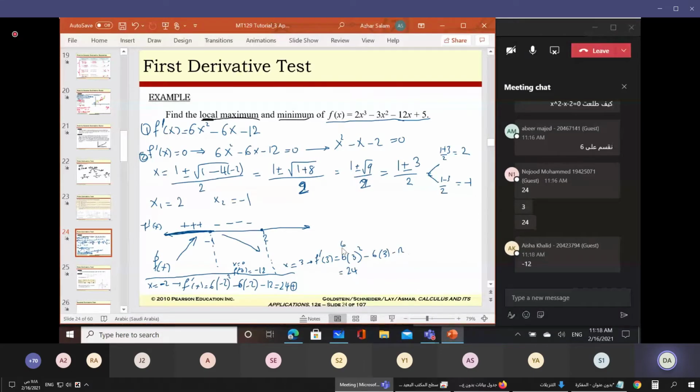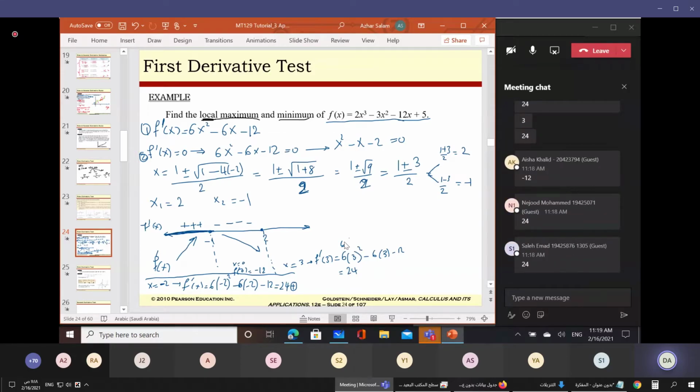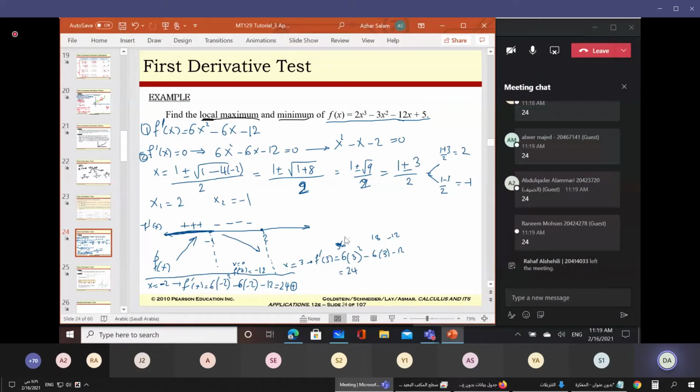Let's check. Here 6 multiplied by 9, which is 54. Then minus 6 multiplied by 3, which is 18, minus 12.